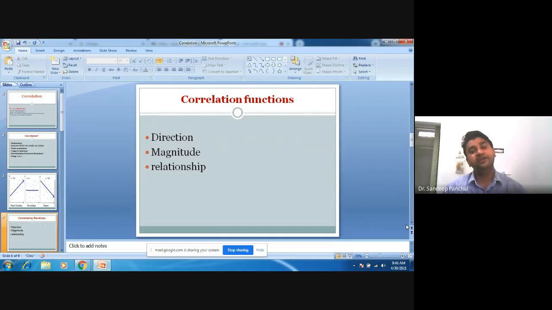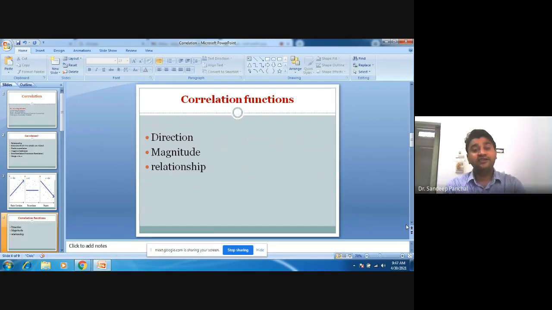Whether it is positive or negative. What is the real direction of the relationship? So the first thing we come to know about the correlation coefficient is the direction. One is increasing and the second is decreasing, or both are increasing in the same way, whether it is positive or negative.